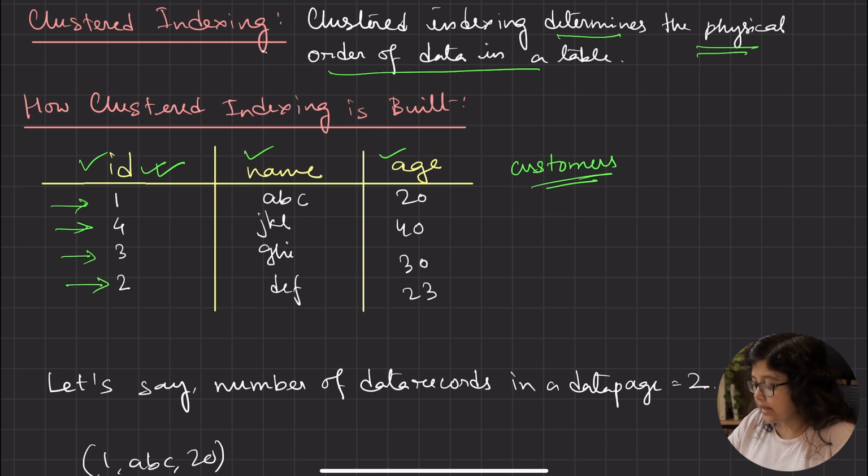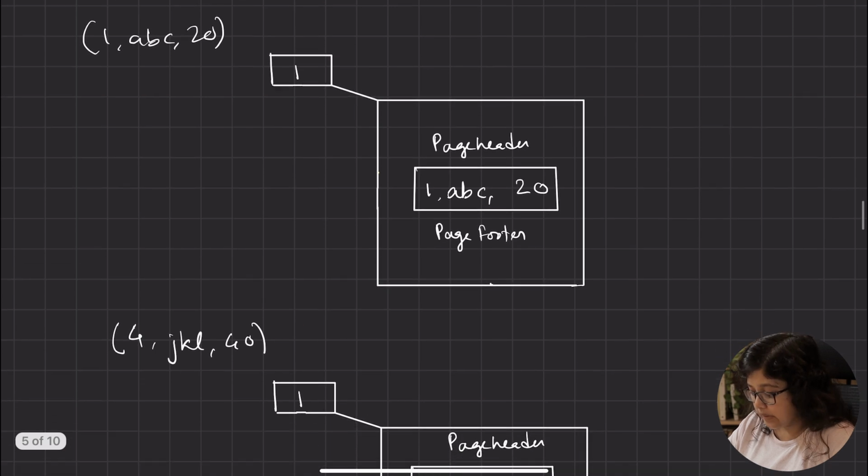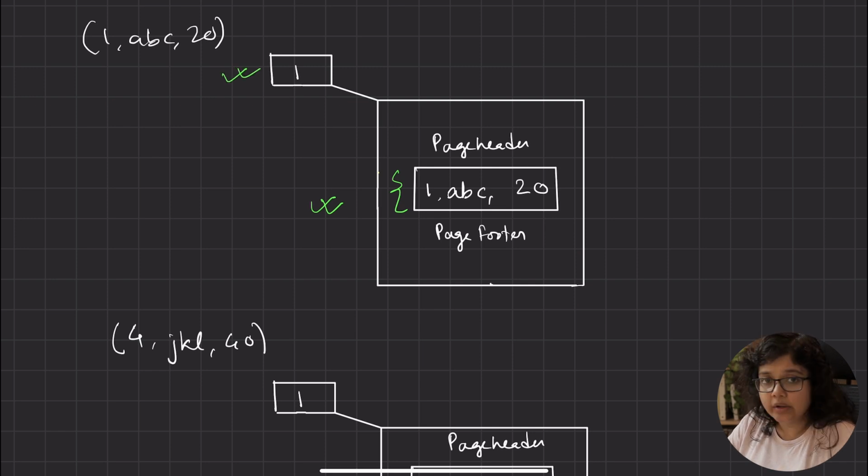For simplicity, let's assume that our data page can contain only 2 records. In reality, there can be hundreds of records in a single data page. So the first record is 1 ABC 20. So the database engine will create a data page which will contain the actual data records of the table, and also create an index page which will contain the routing information.